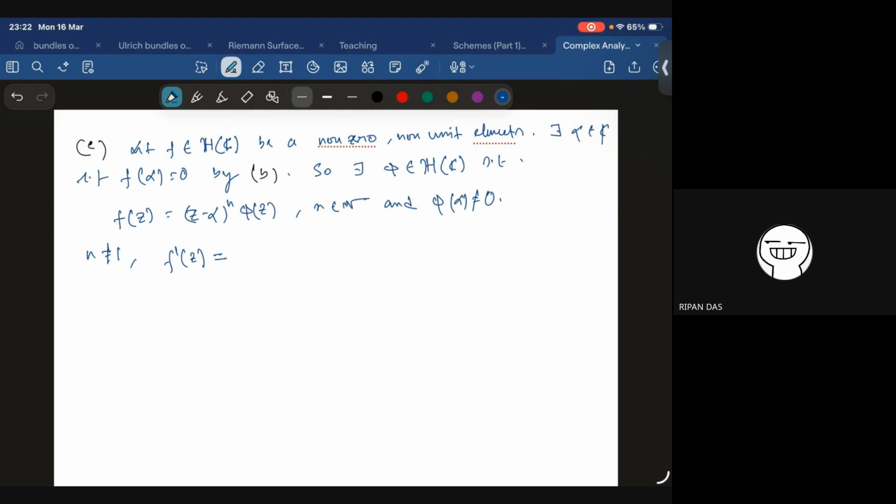I mean, n is basically the order of the zero of f at alpha. So f prime of z will be n times (z minus alpha) to the n minus 1 times phi(z), plus (z minus alpha) to the power n times phi prime(z).